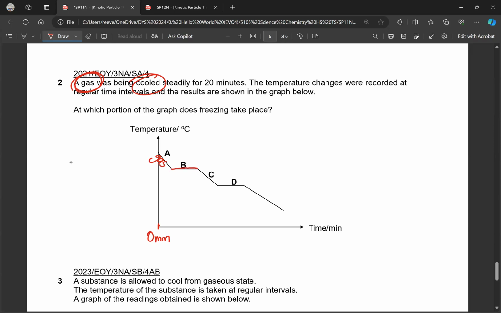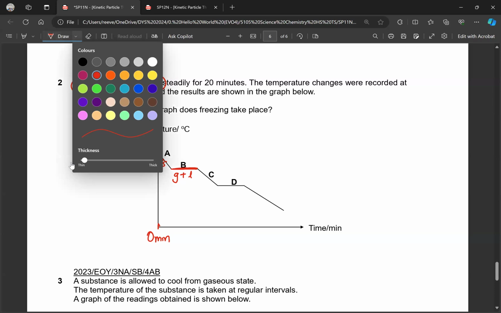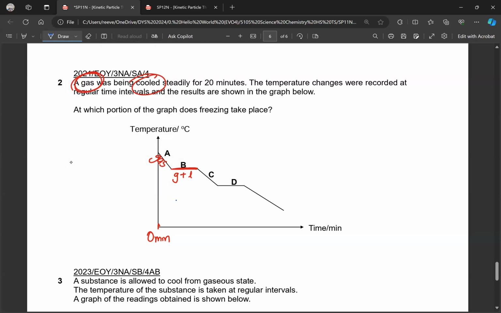Then this part, the horizontal part, will be gas plus liquid, because it's condensing. Let me write down. This part B is condensing, which means the gas is becoming liquid.